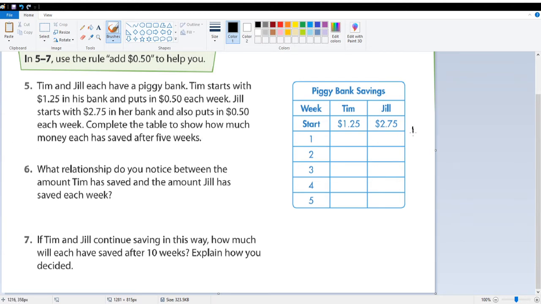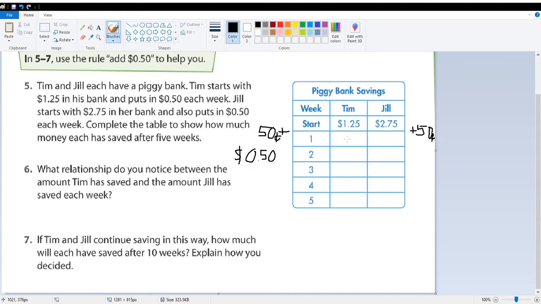So we know that both of these are plus 50 cents. Or we could write it like this. This would probably be more accurate because we are going to be in dollars, so plus 50 cents.